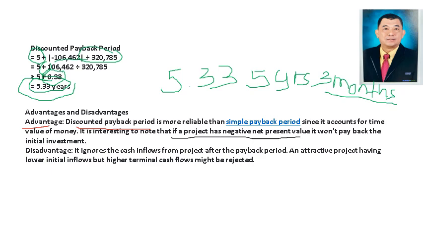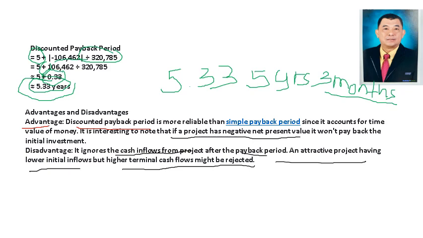That's one, no? Of course, if it is a negative NPV, there's no payback. Simple as that. Now, the disadvantage, it ignores the cash inflow from the project after the payback period.